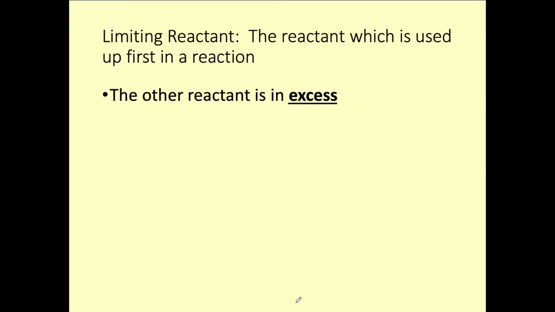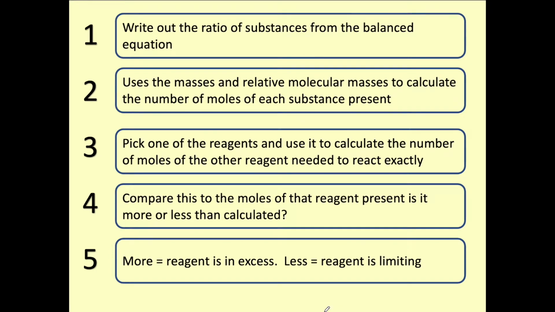What we're going to be looking at in this video is how we calculate which reagent is our limiting reagent. Again, we have a series of steps which we can follow to identify which of our reagents is in excess and which one is limiting.